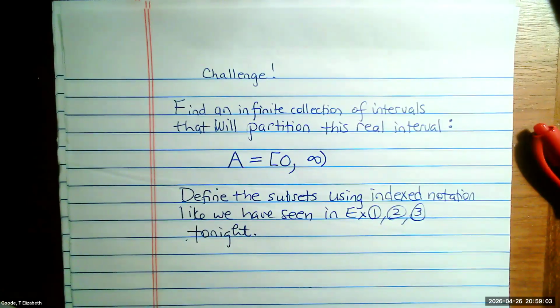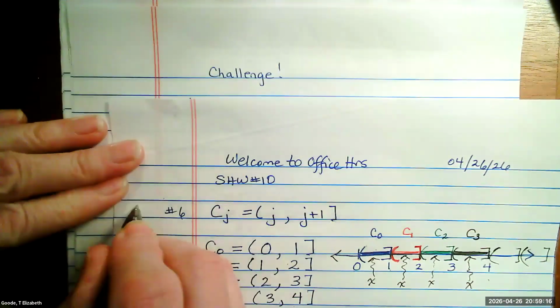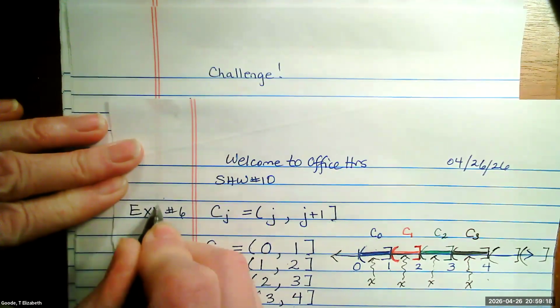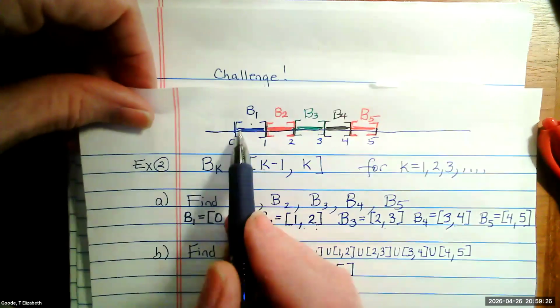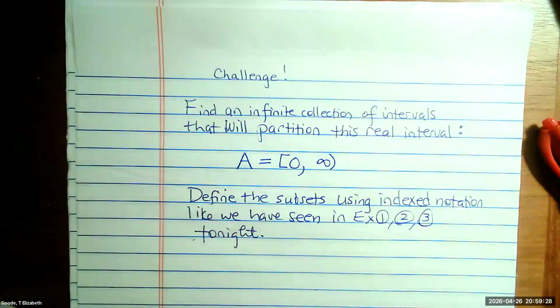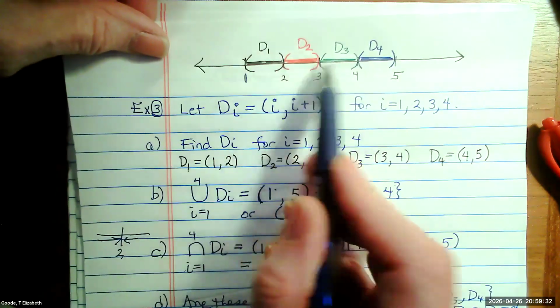So just to review, it was actually number 6, but I'll just call it example 1. This was the first one we did. Then the second one was when we had overlap at the integers. The third one was when we had holes at the integers.